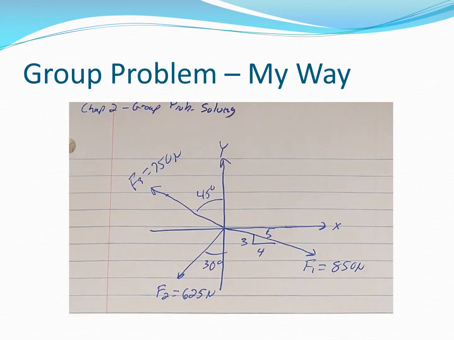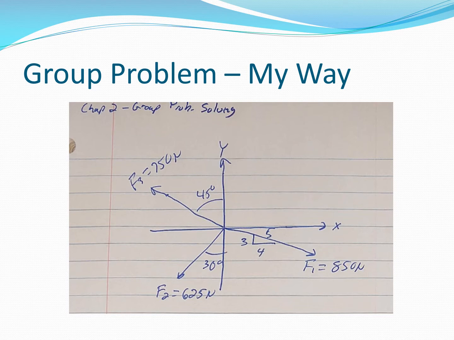The way I typically like to do it is, when possible, I like to find all of my angles from the positive x-axis. In this particular example, the author used 45 degrees from the positive y-axis and 30 degrees from the negative y-axis for F2 and F3 respectively, and a 3, 4, 5 right triangle on F1.